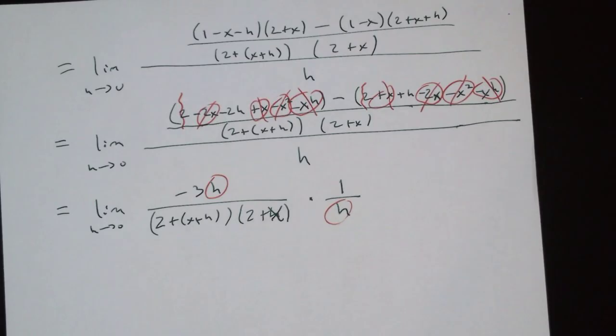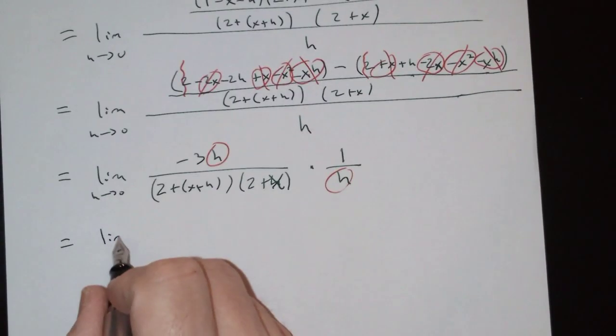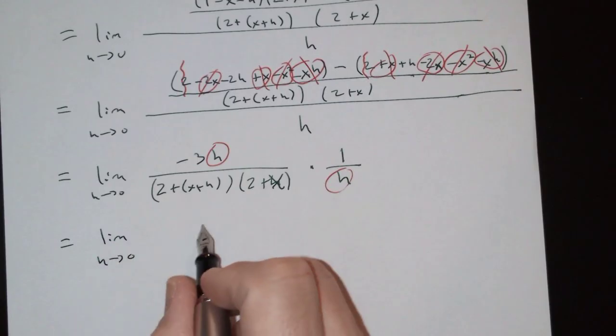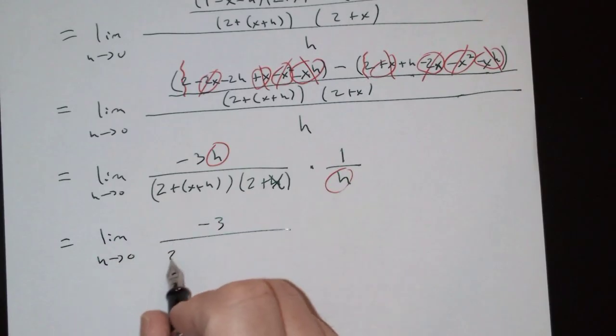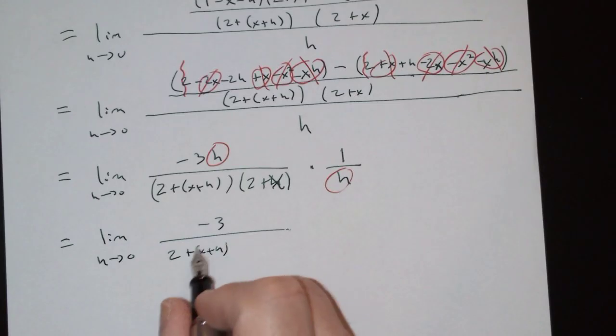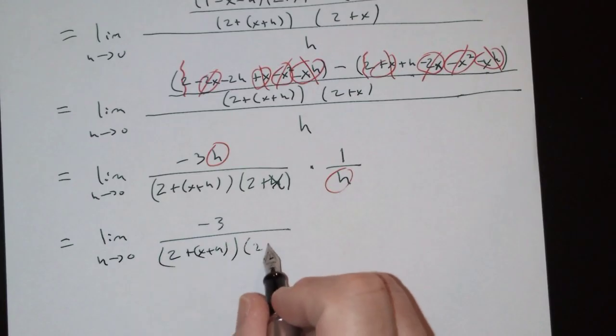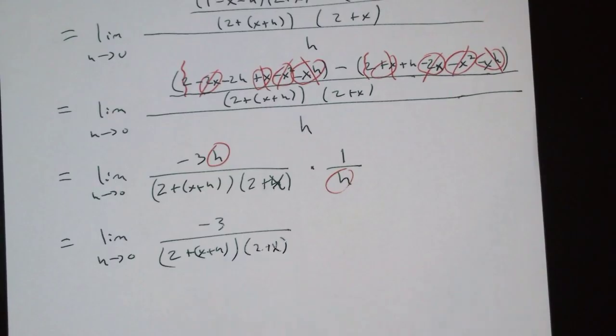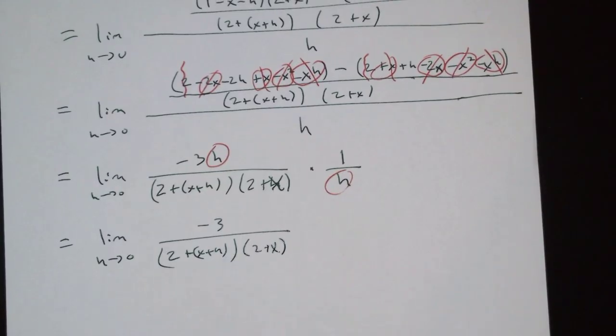And once those are gone, the only h I have is right here. So what happens as h goes to 0?